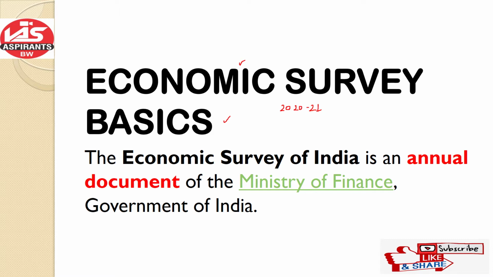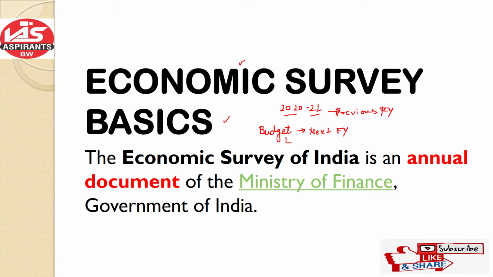Before we start, when I say Economic Survey 2020-21, it means that we are talking about the previous financial year. Whereas if I talk about the budget or the annual financial statement which is presented by the government of India on the 1st of February, it is for the next financial year.